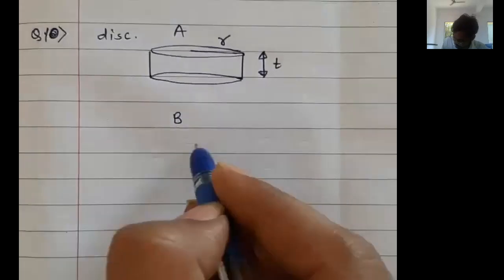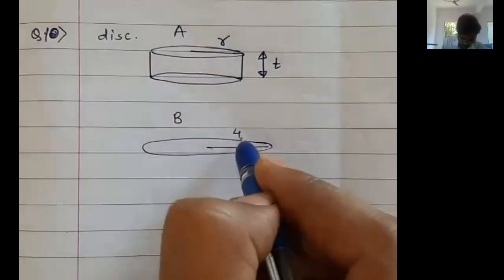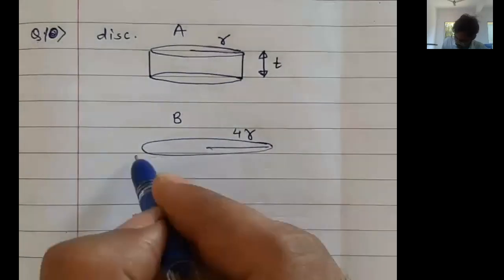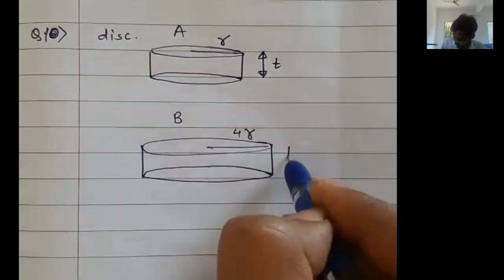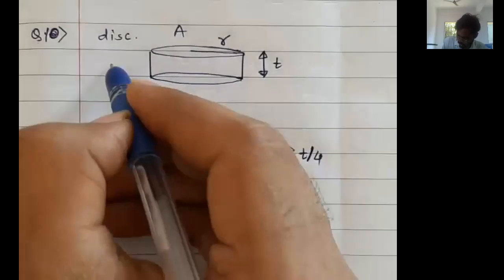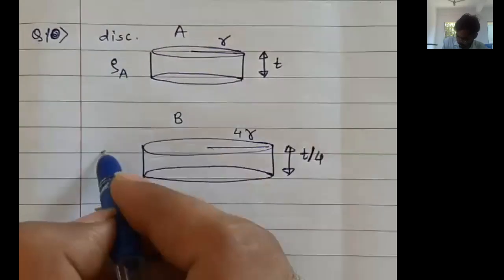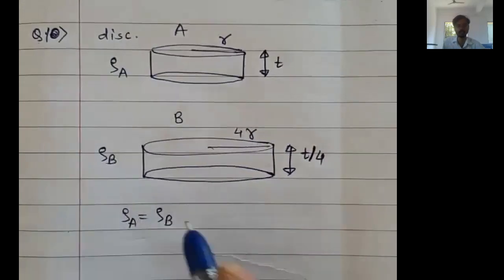Same metal, radius 4 times R, and thickness is not T, it is T by 4. But it is made up of the same metal. So density of A and density of B are equal, because the same metal has been used for both the discs.